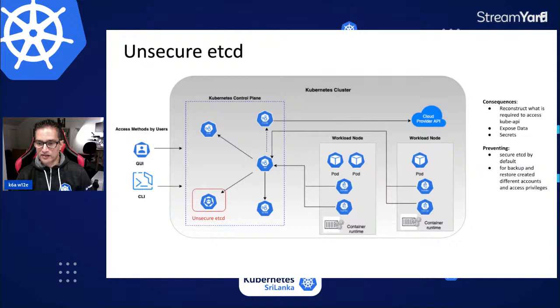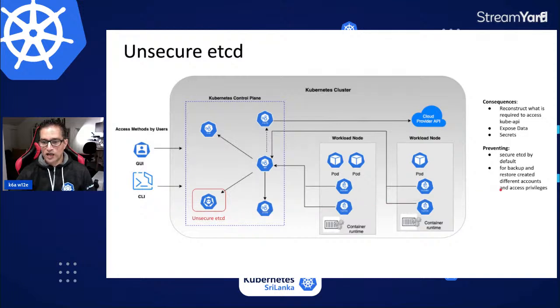If someone has access to it, they can reconstruct what is required to access the Kube API. They could create their own kube config with that, and then practically get access to the cluster. They may not originally have access to the Kube API, but they have access to etcd if they happen to be a user who can SSH into the control plane node.